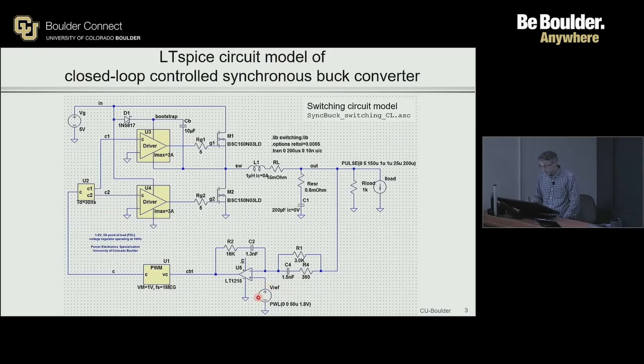Here, we are going to simply model that reference as an ideal voltage source called V reference. When you look at the detail of that source, you see that it's modeled as a piecewise linear source that starts from 0 volts and then reaches a value of 1.8 volts after 50 microseconds.